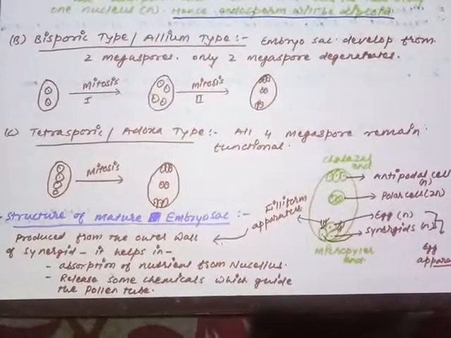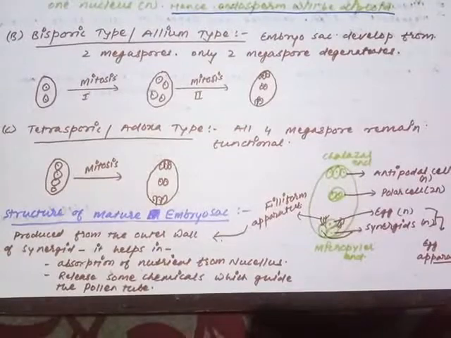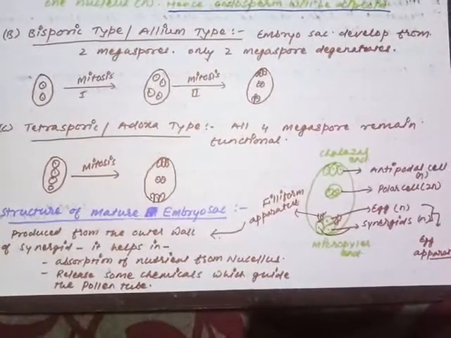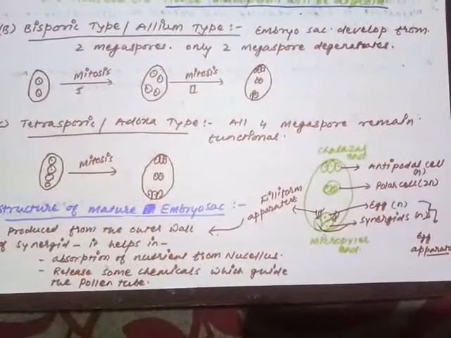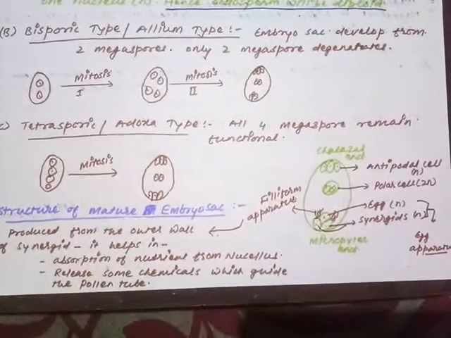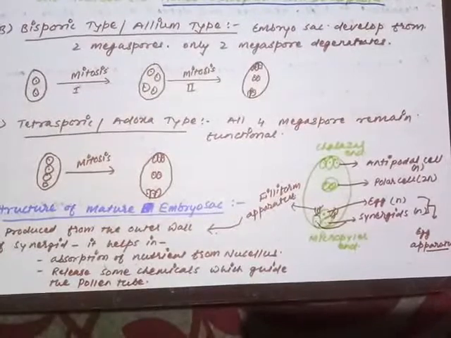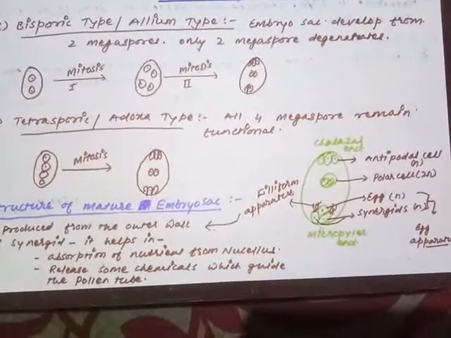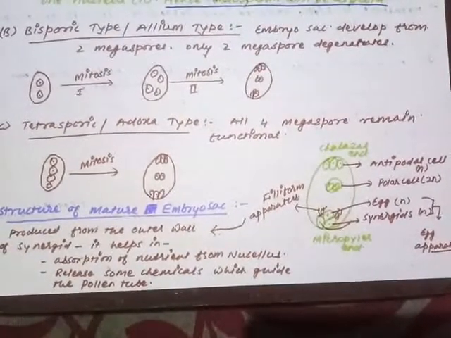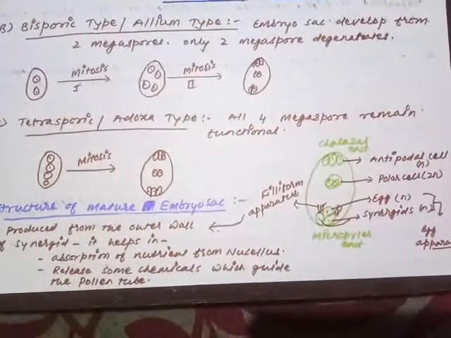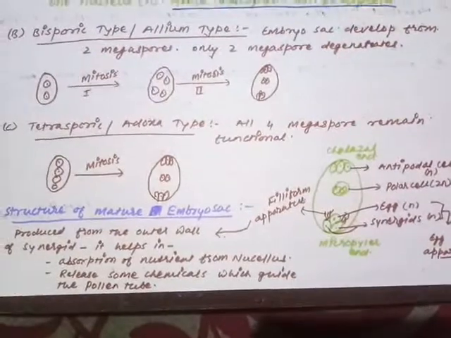Due to the mitotic division, it will produce 2 types of cells: primary sporogenous cell and primary parietal cell. The primary parietal cell will undergo 1 or 2 mitoses. The primary sporogenous cell will directly act as the megaspore mother cell, and it is located toward the micropylar end.